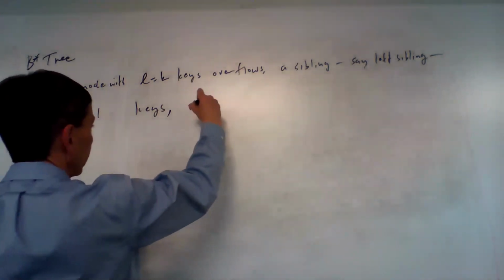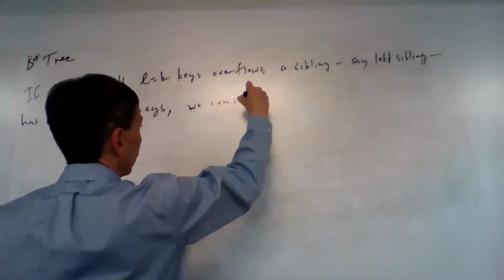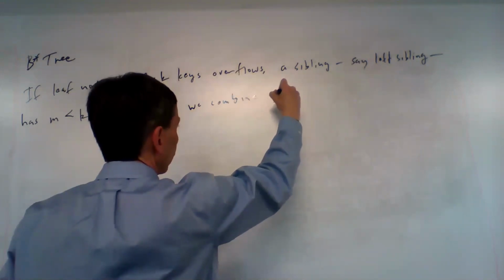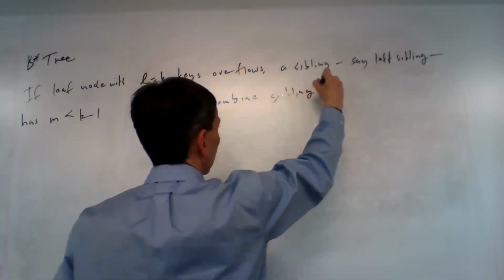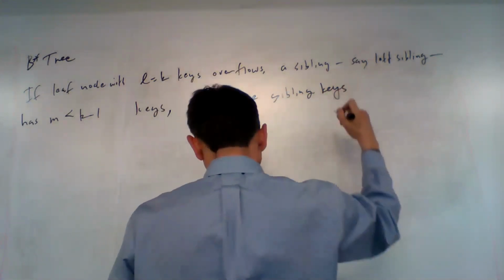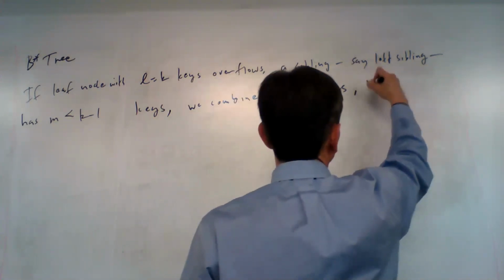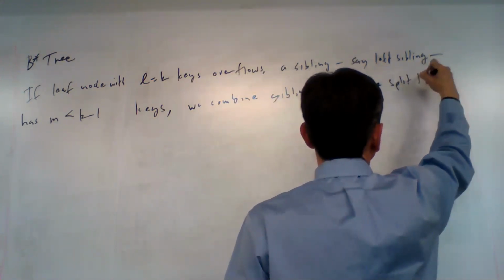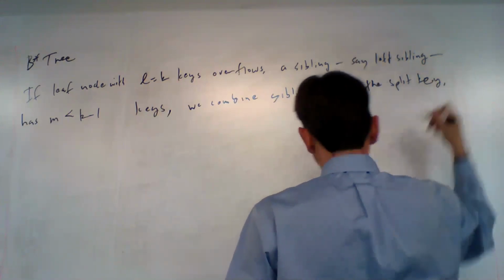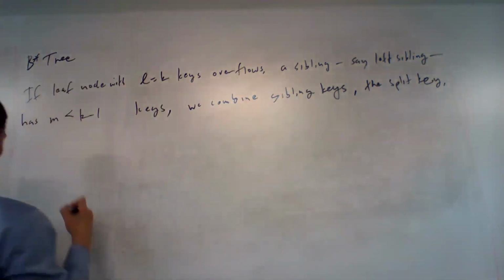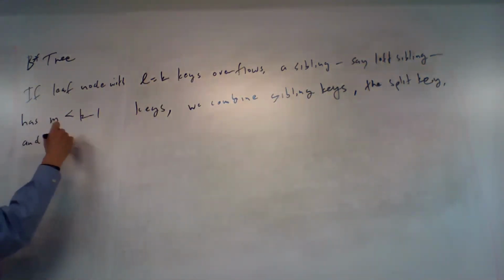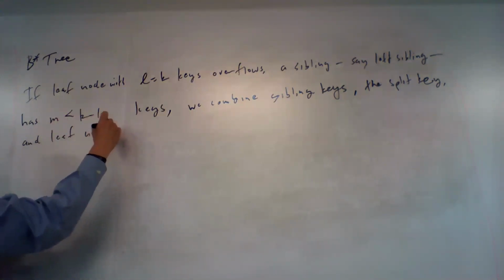We combine the sibling keys, the split key, and the leaf node's keys.